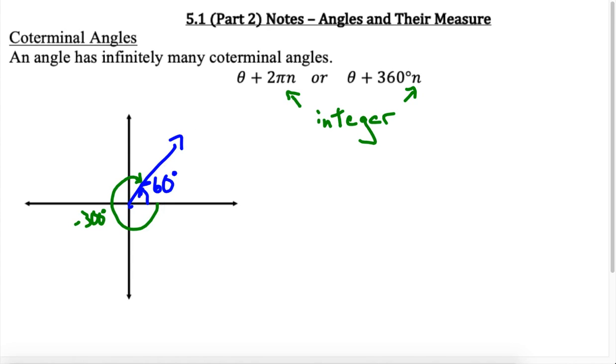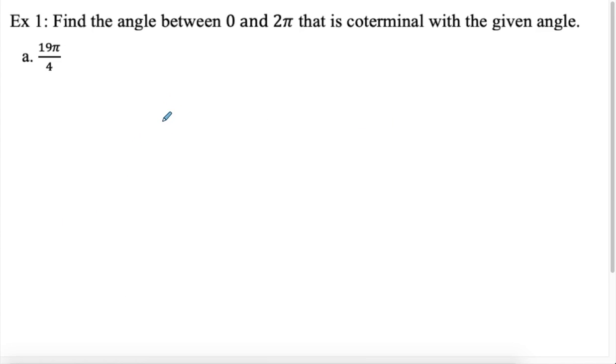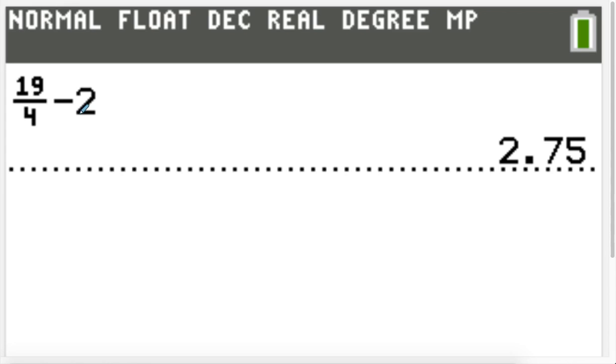So let's take a look at a few numerical examples. Okay, let's find an angle between 0 and 2 pi that is coterminal with the given angle. Well, all we want to think about if we have a positive angle is subtracting 2 pi until we get to a value that's in between 0 and 2 pi. And we can just do that on the calculator, right? So we don't even have to include the pi. We could just think about 19 over 4 minus 2.